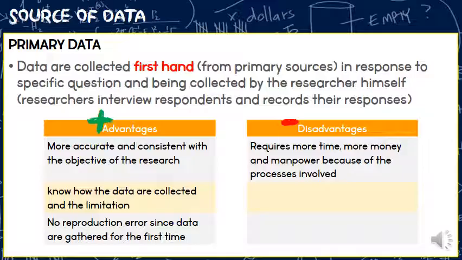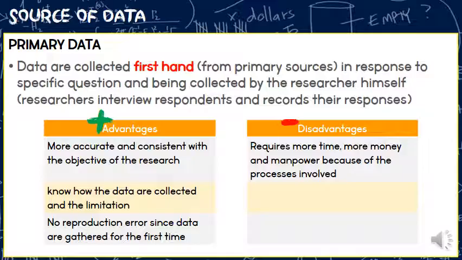So, primary data ni ada a few advantages and disadvantages. Since the data is a first-hand data collected by the researcher himself, it will be more accurate and more consistent with the objective of the research. You as a researcher, you know what you want from the data. And then you know how the data are collected and the limitation.